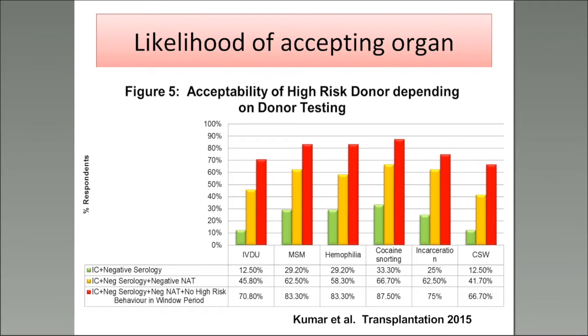What's the likelihood of accepting the organ? You can see it doesn't really matter what the risk category is. The likelihood is in the 50 to 60% range. Interestingly, at that time, this was also true for hemophilia, which is actually not a risk factor anymore for those types of infections.